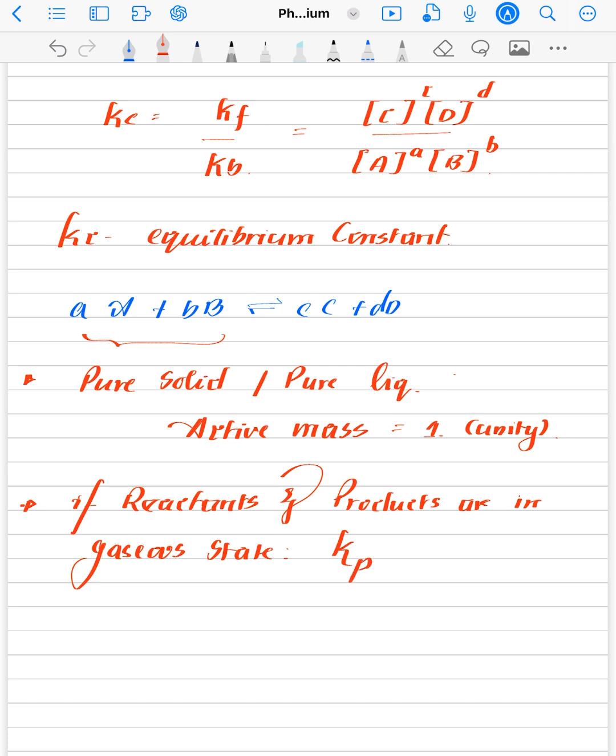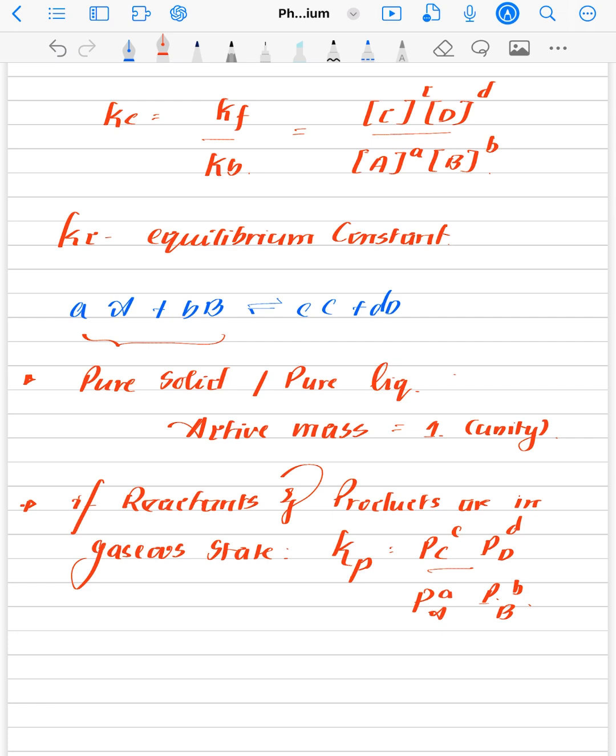Okay, so Kp equals the partial pressure of C raised to the coefficient c into the partial pressure of D raised to d, the whole thing divided by the partial pressure of A raised to a multiplied by the partial pressure of B raised to b. This is how we are going to give the condition if the reactants and the products are in the gaseous states.